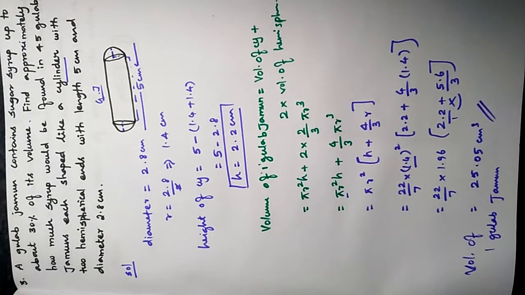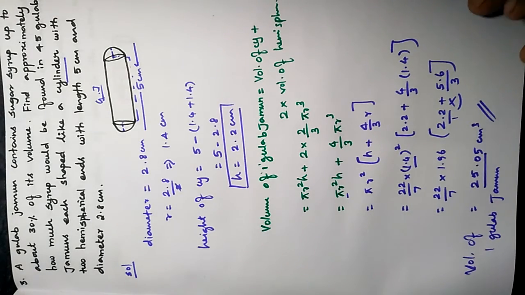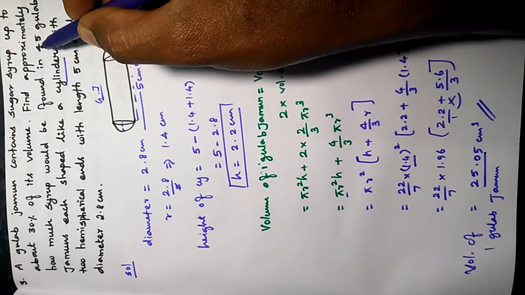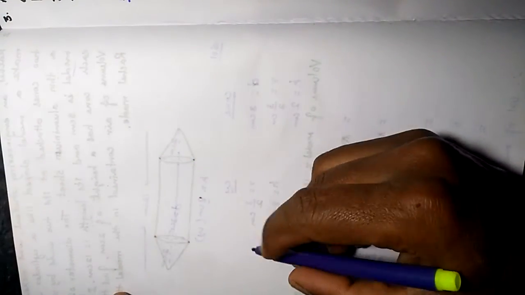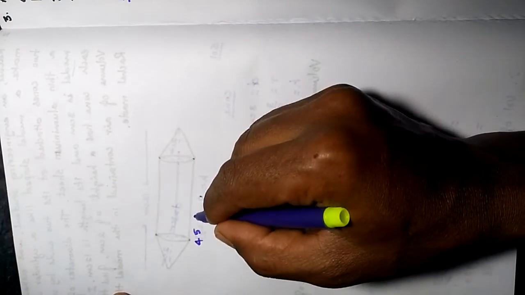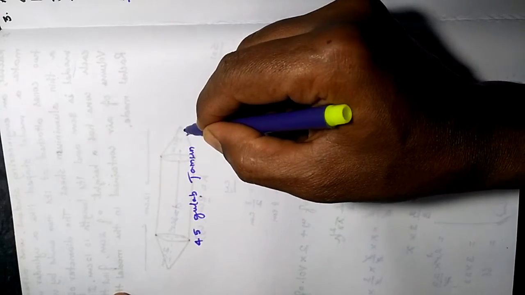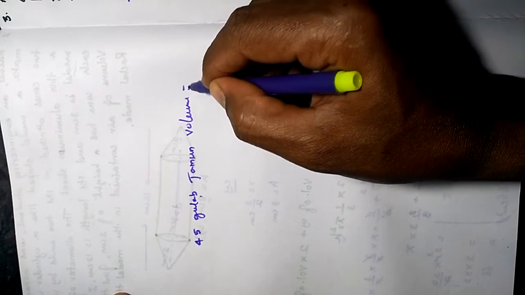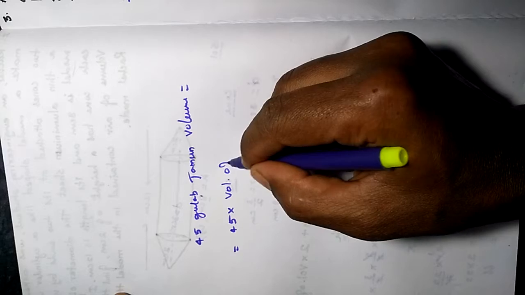Okay, so the volume of one gulab jamun, since you know this simplification, that only I am not explaining here. You simplify, you will get this answer. This is the volume of one gulab jamun. Actually how many gulab jamuns are there here? 45. Then let's find out the volume of 45 gulab jamuns. Then 45 gulab jamun volume equal to 45 into volume of one gulab jamun.